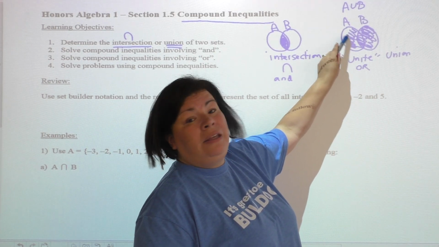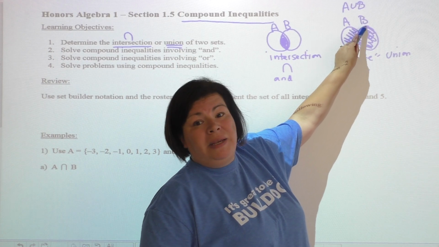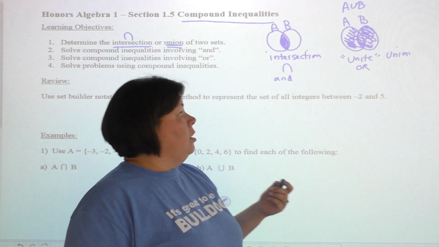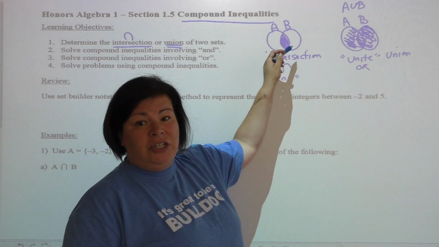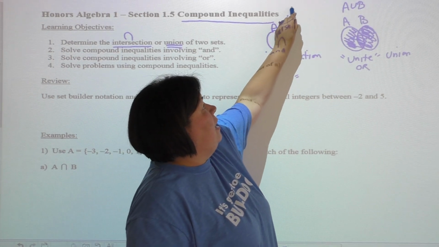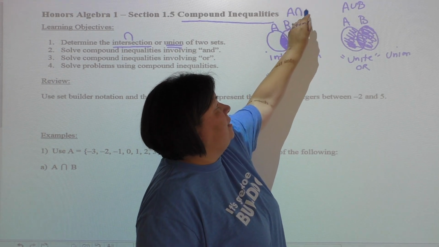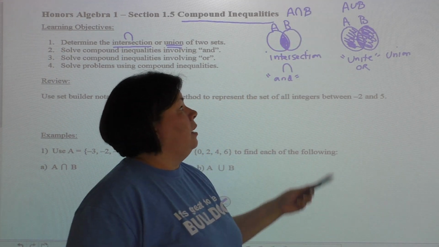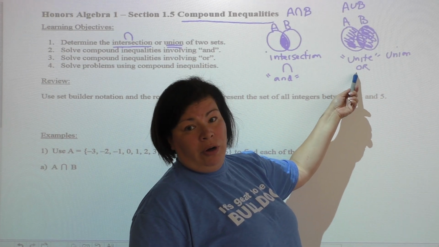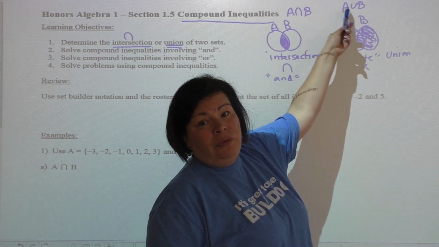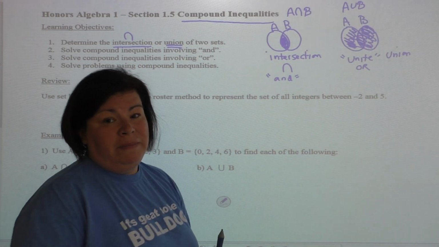So they could be in either set A, or they can be in set B, or both. So the word and is related to the word intersection, which is A intersecting with set B, and the union of those sets is the word or, and that means where A unites with B. So both of them together.